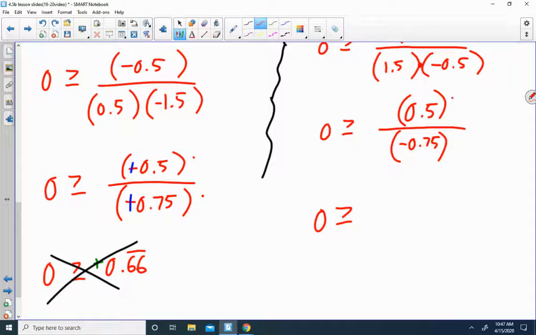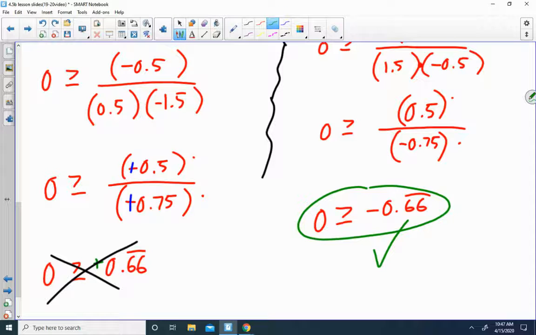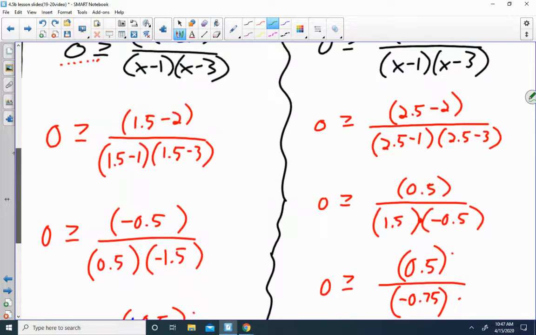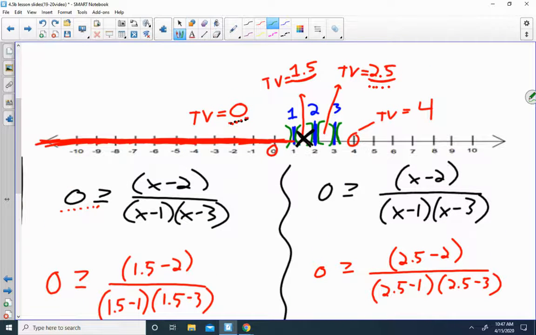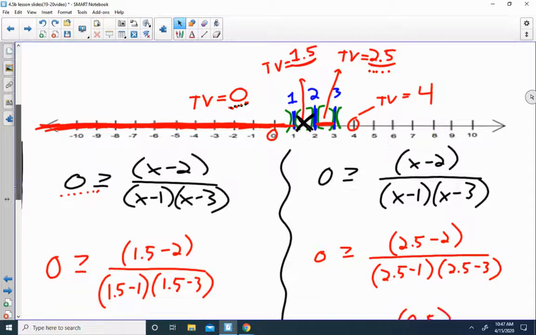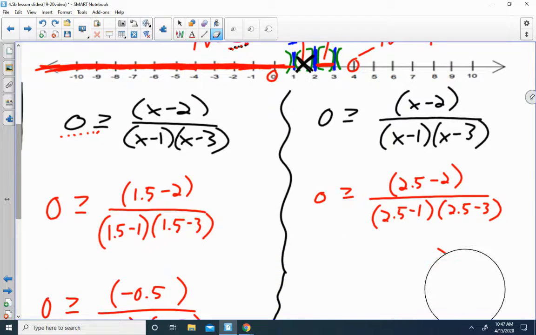Got to do 0.5 divided by the bottom, so 0.5 divided by negative 0.75, and you're going to get negative 0.66 repeating. And yes, 0 is bigger than a negative number, so that checks out. So that means the third interval is a true interval. So I'm going to shade in that third interval as part of our answer. Okay, one more interval to check out just to make sure that we got it.